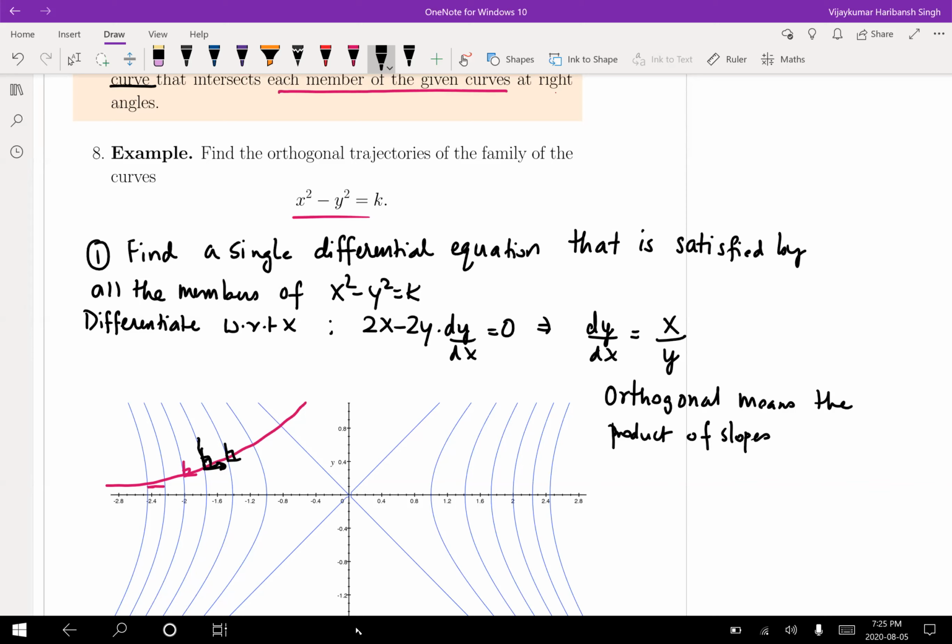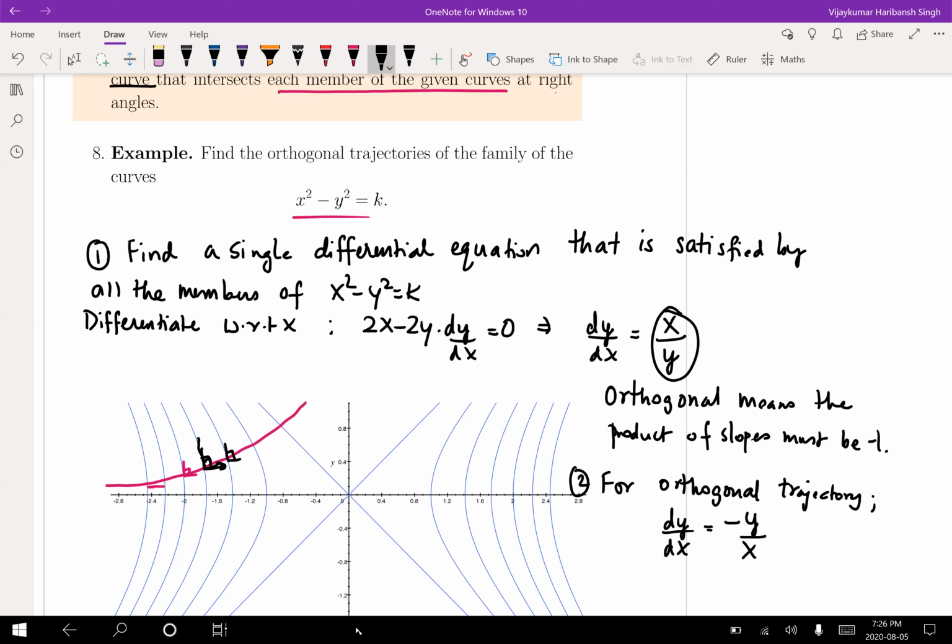So the product of the slopes must be -1. So for the orthogonal trajectory, we have dy by dx equals what? It should multiply to give you -1. So it will be minus y over x. It's a negative reciprocal.